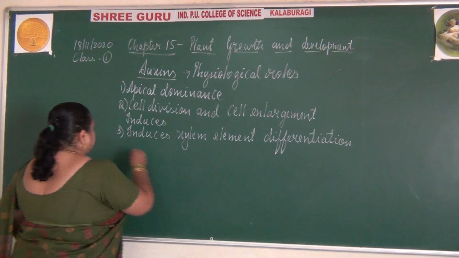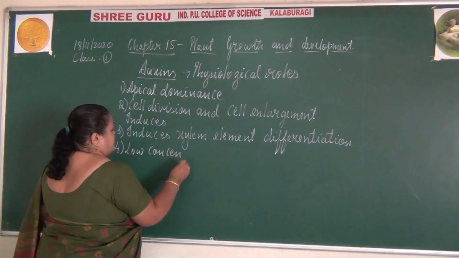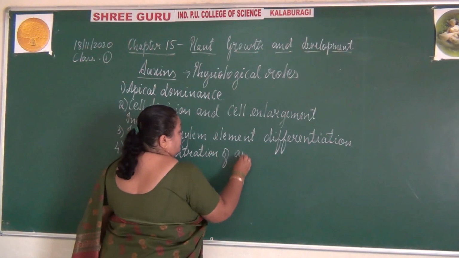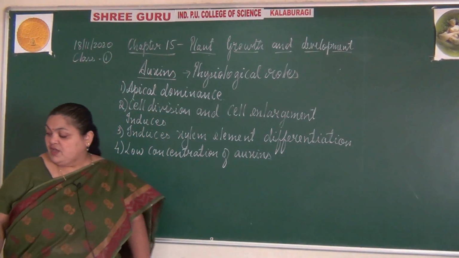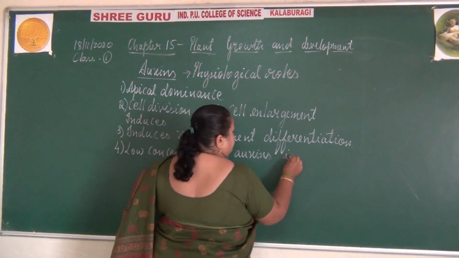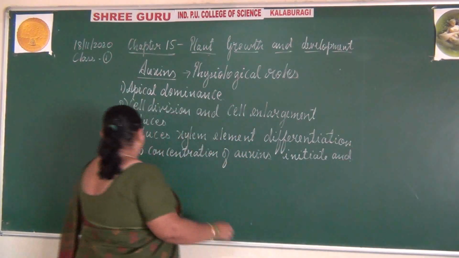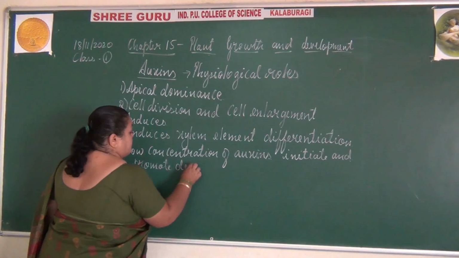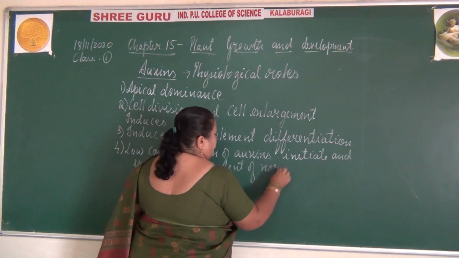Why? If there is a low concentration of auxins in the plants, it will initiate and promote the development of normal roots.